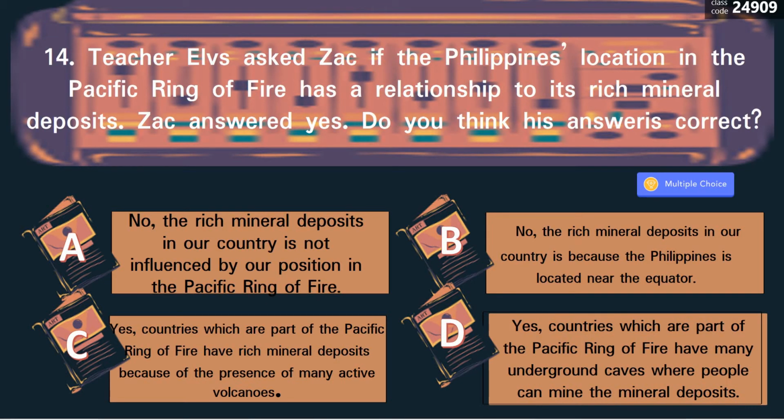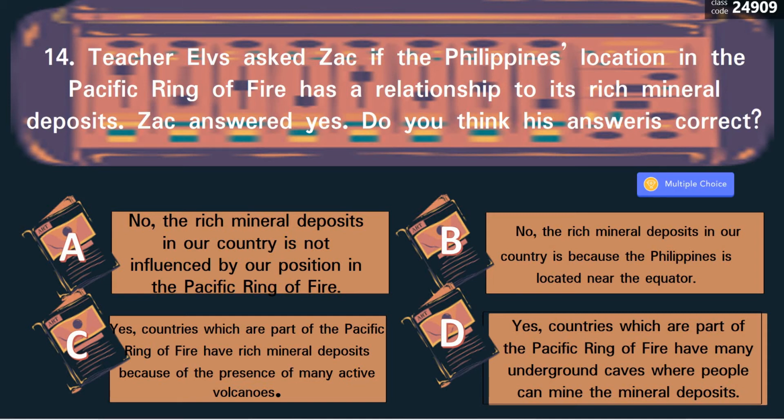Teacher Elvs asked SAP about the Philippines' location in the Pacific Ring of Fire and its relationship to its rich mineral deposits. SAC answered, yes. Do you think his answer is correct? A. No. The rich mineral deposits in our country is not influenced by our position in the Pacific Ring of Fire.